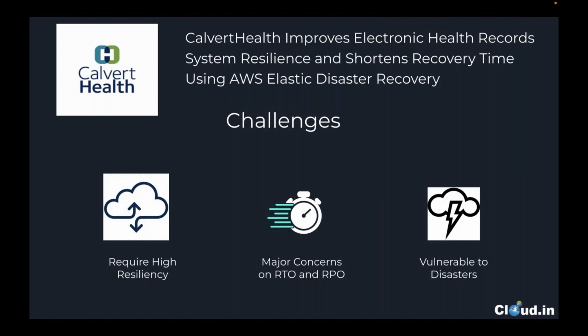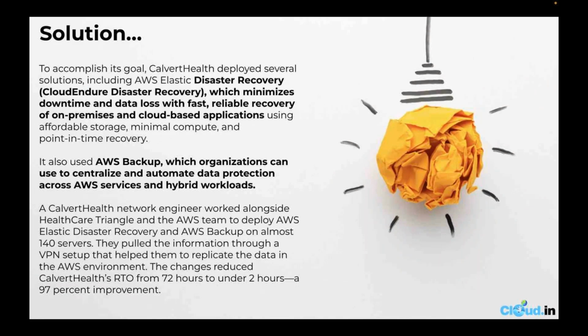So when they reached out to AWS, AWS basically tried accomplishing the goal by giving them a solution wherein they deployed several services, like the Elastic Disaster Recovery, which in the backend actually uses the disaster recovery strategies that I previously explained to you all.